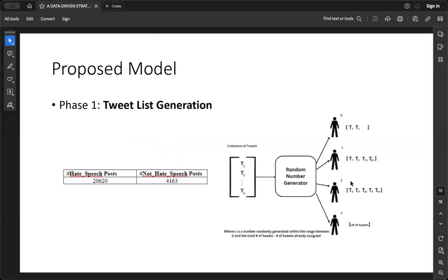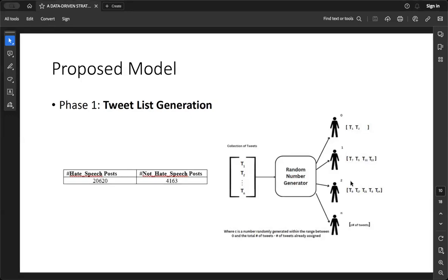Another challenge that we faced while working in phase one was that, due to Twitter's API policy and restrictions, we weren't able to actually get the data that we desired within the time frame that we were working on this project. So we decided to focus on a different strategy for coming up with the tweet list for each user.